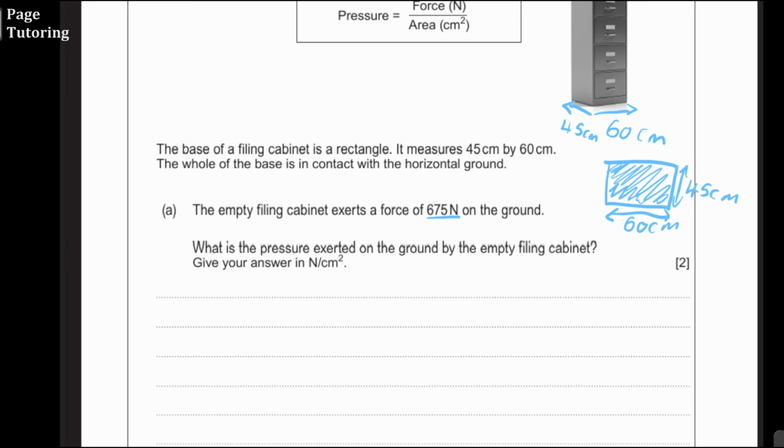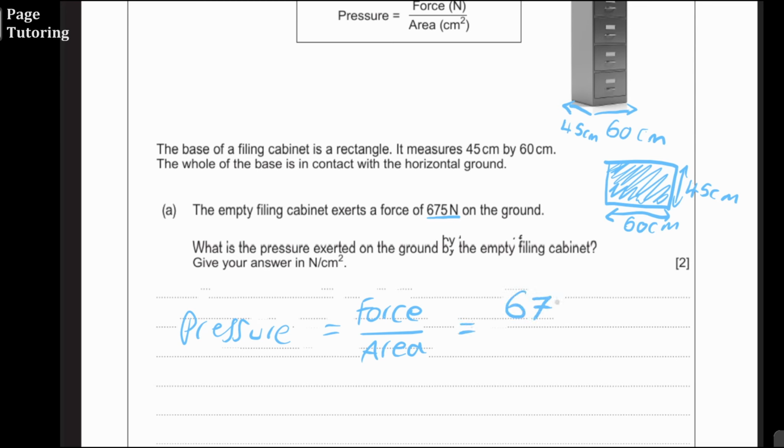And it says give your answer in newtons per centimeter squared. Okay, well, we've got our equation. We've been given the force, so we can just plug that straight into the equation. So I write the equation out again here. Force over area equals pressure. We're solving for pressure, which is already in the right format, so we're just going to substitute in.